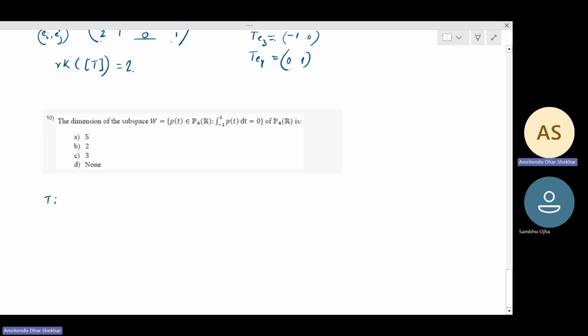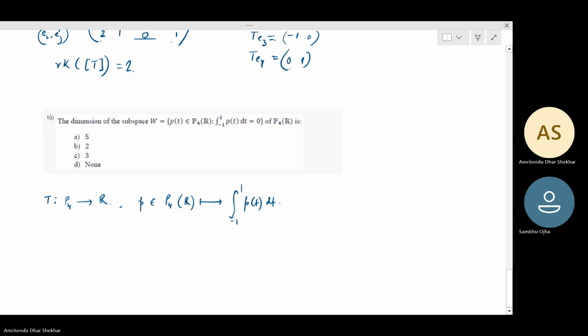So T is a map from P4 to R. What it does is that it takes a polynomial P in P4 of R and sends it to this real number, the integral from -1 to 1 of p(t) dt.